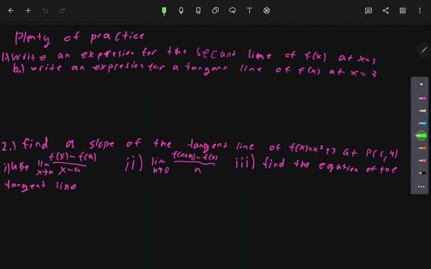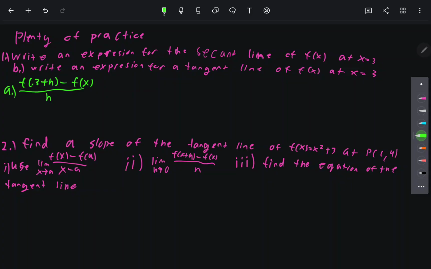So I'm going to give us an opportunity for plenty of practice. If you think you've gotten enough from the video, just feel free to leave, but I'm going to continue going. Write an expression for a secant line of f of x at x equal to 3. So we can do f of 3 plus h minus f of 3, all over h, is our secant line.